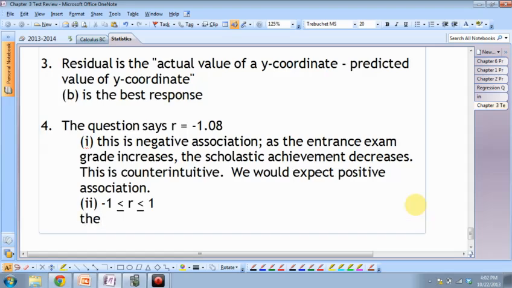The given R does not follow the rule, so this is wrong.